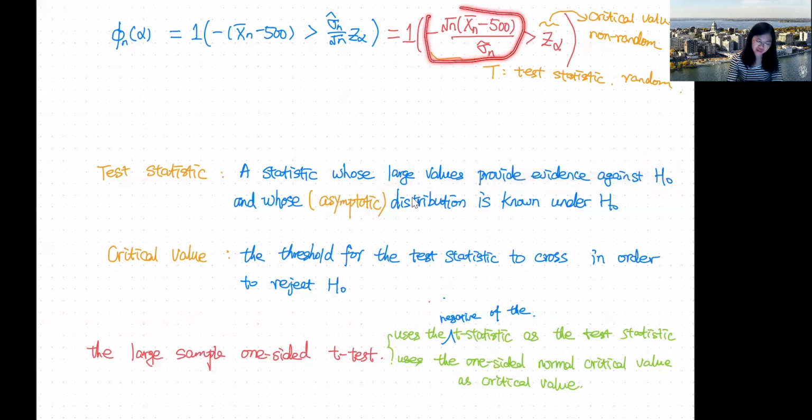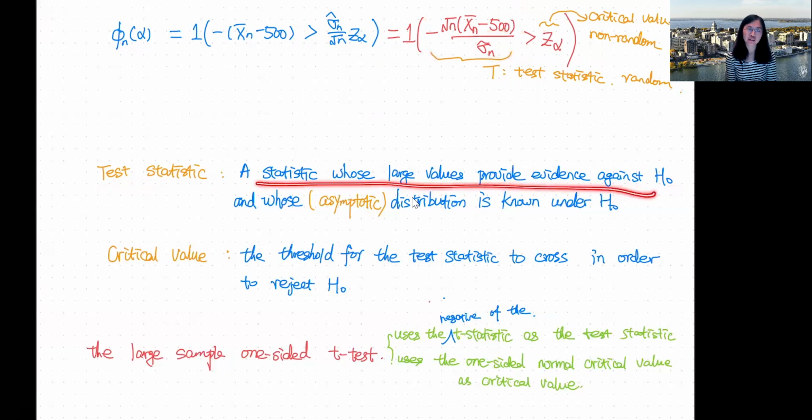And it's satisfied in this case because this test statistic is large when xn bar is much lower than 500, and xn bar being much lower than 500 is evidence for the alternative hypothesis that the expected runtime is less than 500. So large values of the test statistic should provide evidence for H1 or against H0. And that's the first requirement for the test statistic.